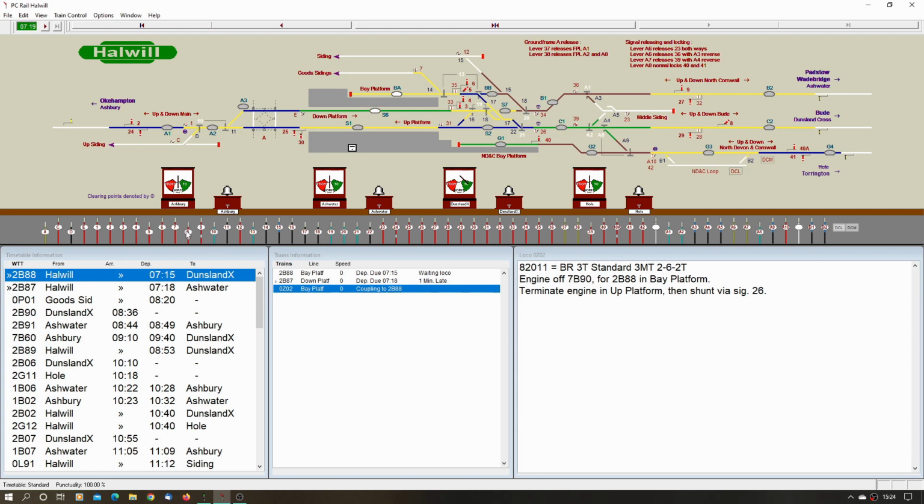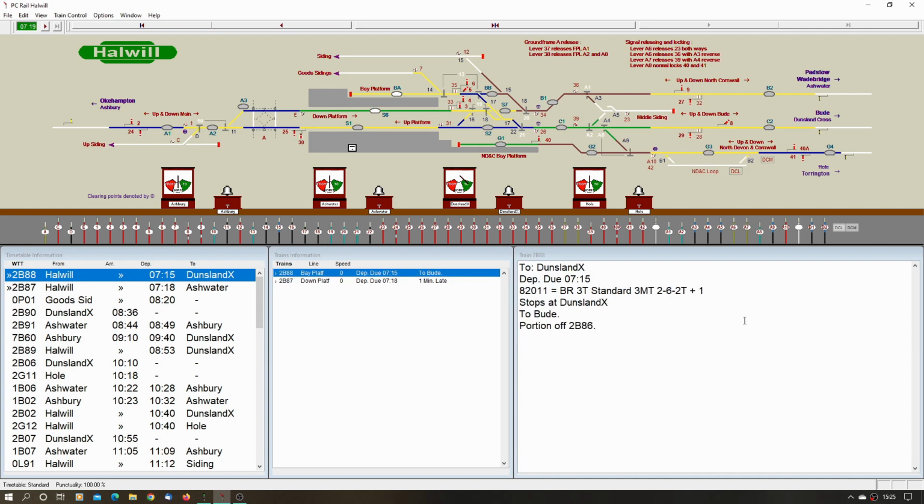Again, all the section signals have got a white stripe indicating it's locked until you've released the correct token or tablet. So 8 and 9 have both got one, and we've got 40A there. I don't think there was a signal on that originally, but you need a section signal for the purposes of the PC Row program. So off he goes, 4 minutes late. That's not too bad.